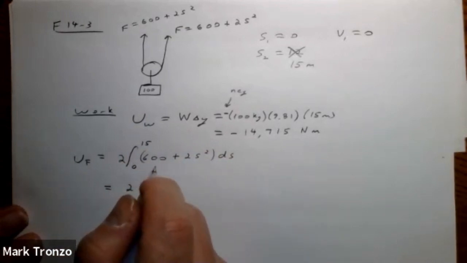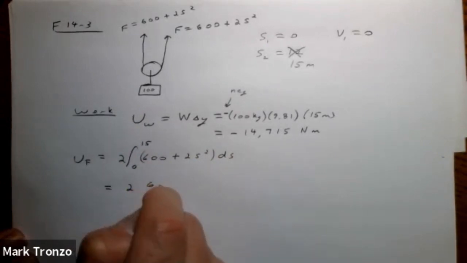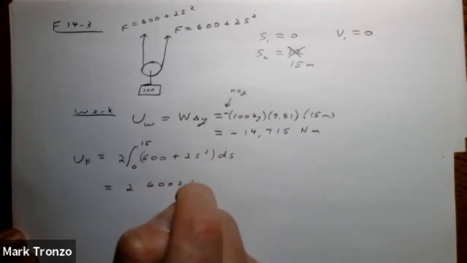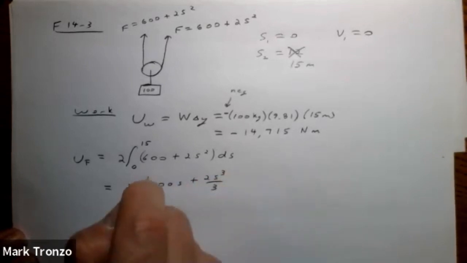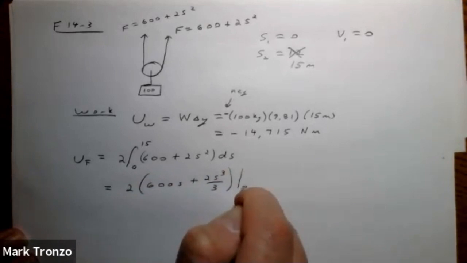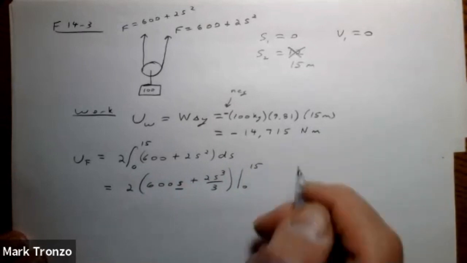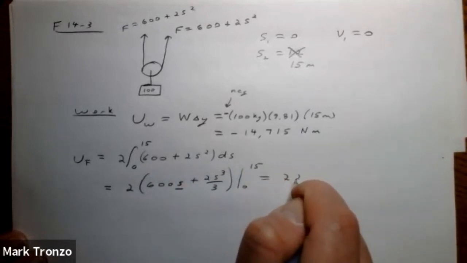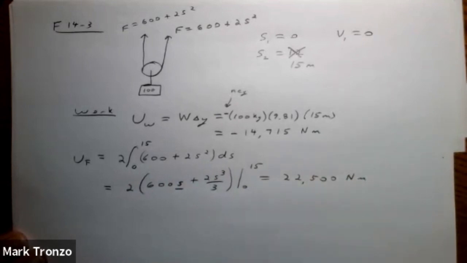We integrate this. That'll be 600s plus 2s cubed over 3, from 0 to 15. And this is an s here, by the way. And when you put those bounds in, in my calculator, I got 22,500 Newton meters.